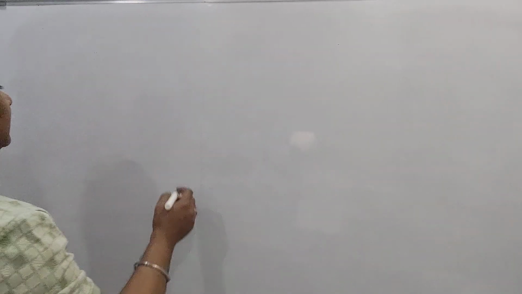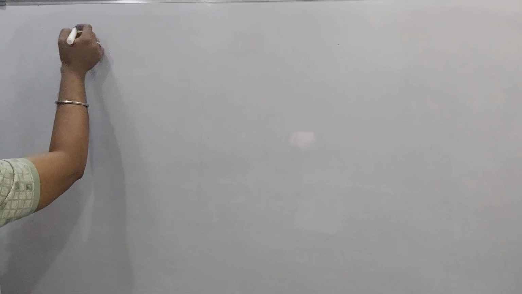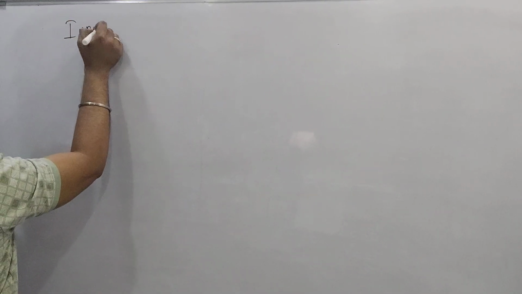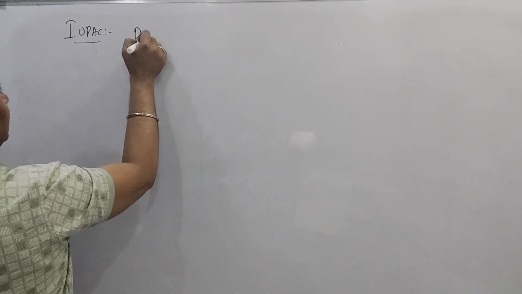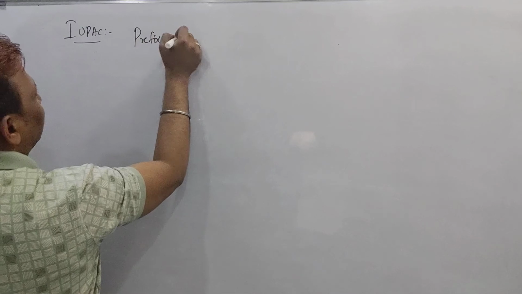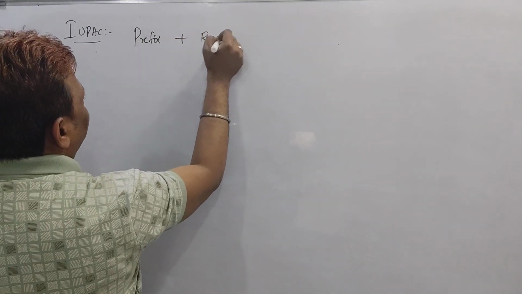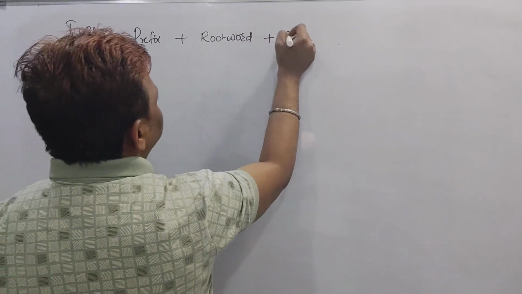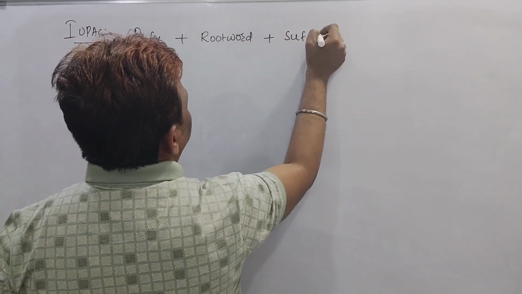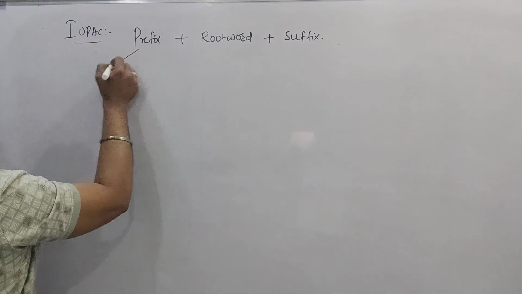Example, beta. For IUPAC nomenclature, in my previous video, what we have seen is that initially we should mention the prefix of the compound. Afterward we have to write the root word of the compound. But after writing the root word, you have to mention the suffix of the compound. Second one, beta, prefixes are of 2 types.